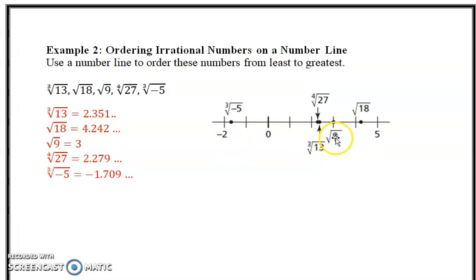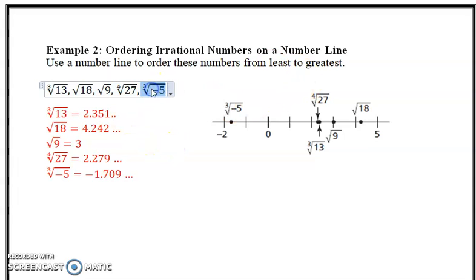The square root of 9 was bang on 3, so it's right at 3. And remember, we put the original values in; we only use the decimals to show us. When you're placing these irrational numbers on a number line, you have to put the original value back in, and the same when you're ordering them from least to greatest.